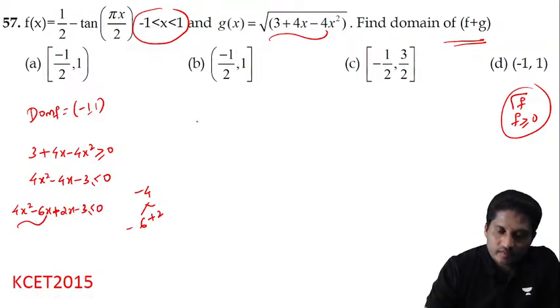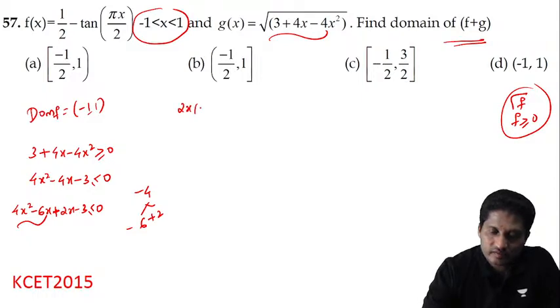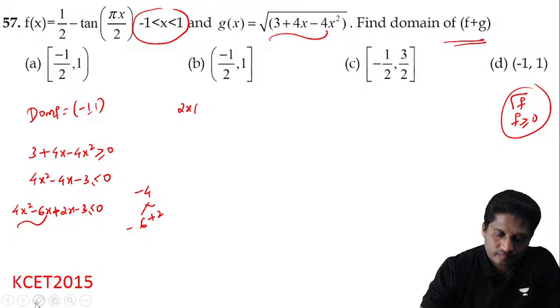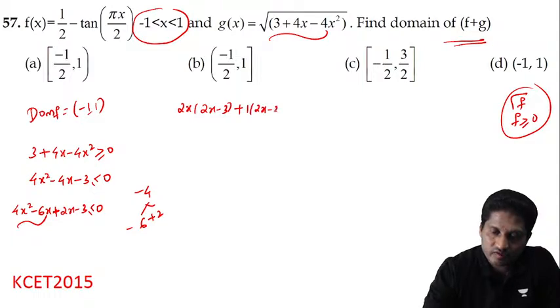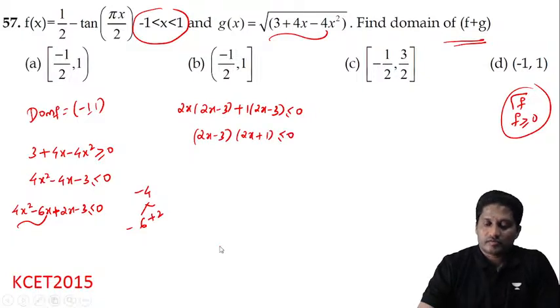If I take common, this is 2x into 2x minus 3 plus 1 into 2x minus 3. So 2x minus 3 into 2x plus 1 less than or equal to 0.